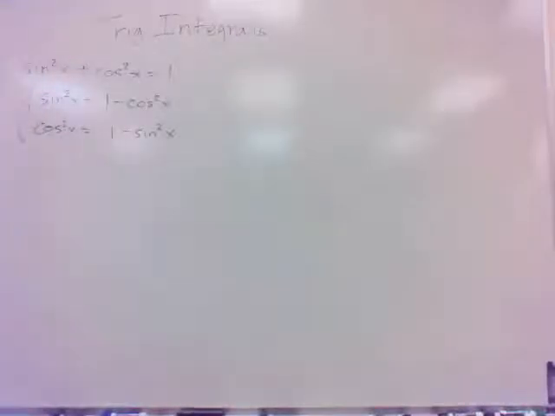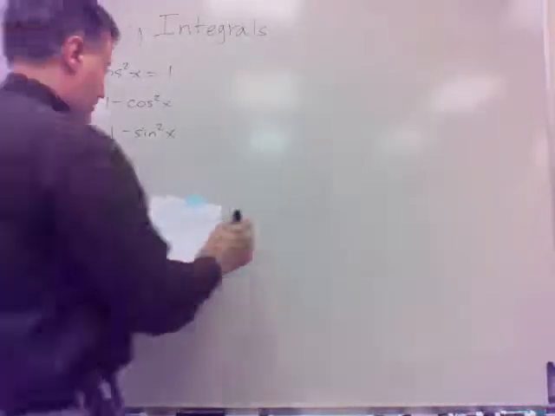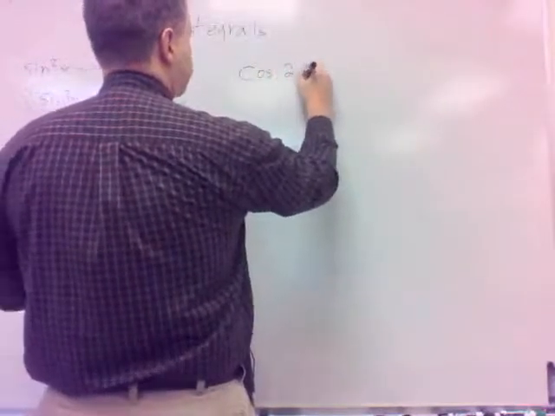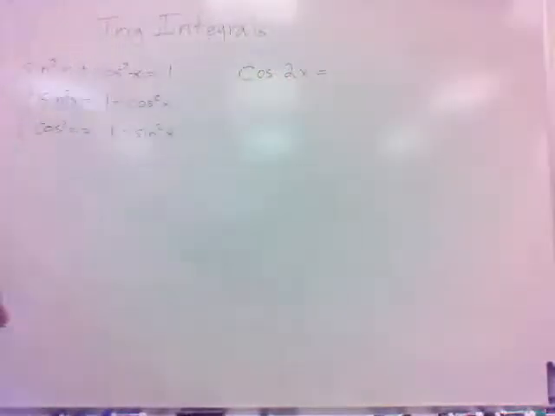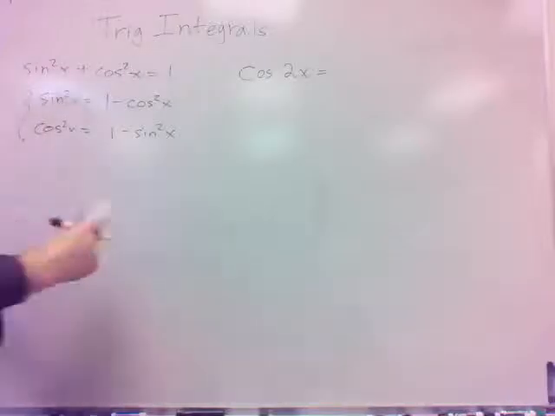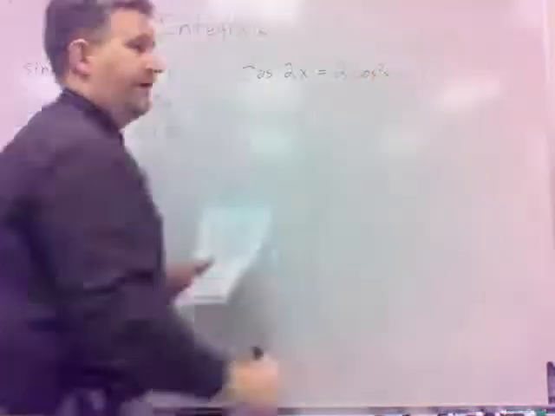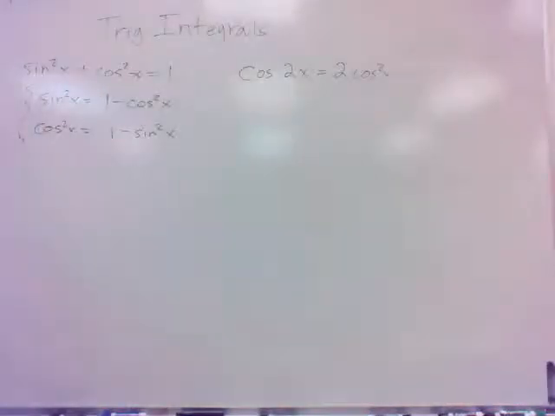The double angles will also be helpful, but in an alternative form. The cosine double angles, matter of fact. I think I do have these on the sheet there to help you remember, but the cosine of 2x, the double angle, one form of it is 2 cosine squared x minus 1. Remember that? Way back in the day.